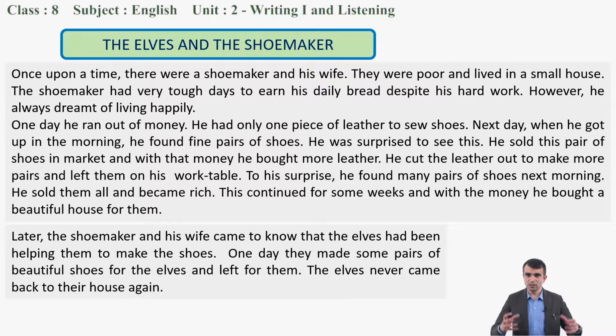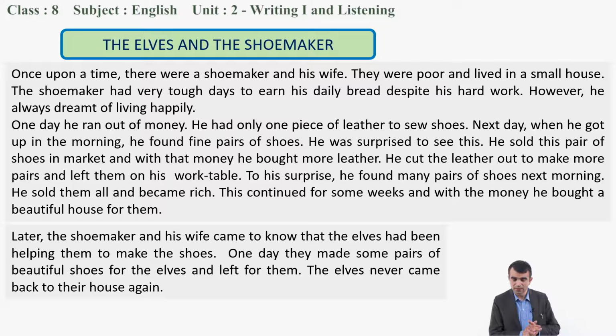Now what can be the moral, please? Please quickly write the moral. The shoemaker was hardworking, and finally he was rewarded. The elves helped the shoemaker.